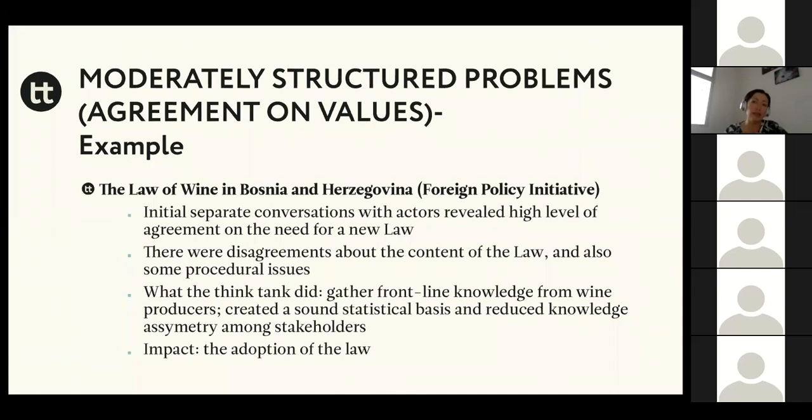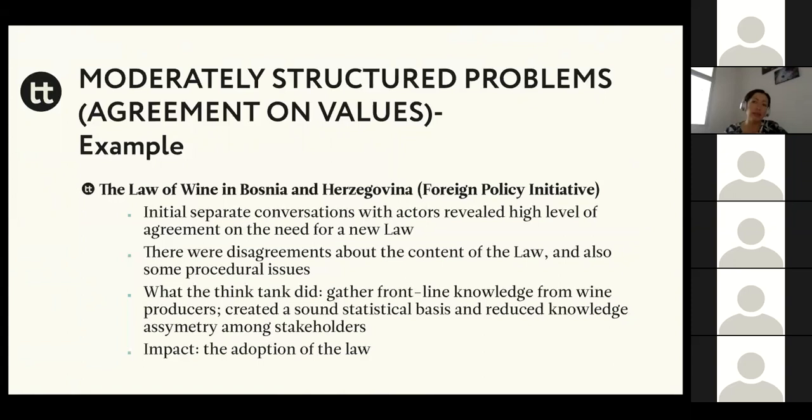And now here we will show one example from Bosnia-Herzegovina. This was one example that was shared with us in the previous course. The think tank that was working on this issue is the Foreign Policy Initiative, which was trying to promote a law on wine in Bosnia-Herzegovina.